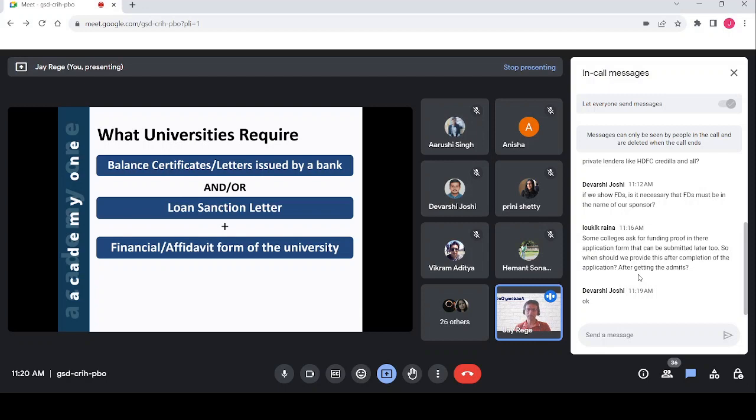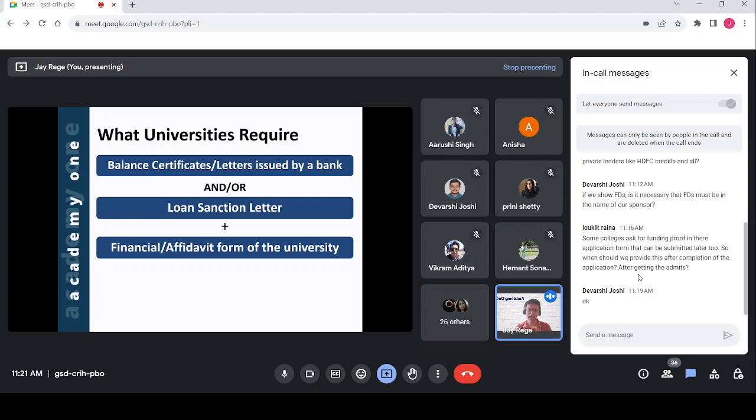San Jose State University is one of the few universities that requires the financial documents even before they start reviewing your application. So if someone here is applying to San Jose State University, you will be required to provide the financial documents along with your application. They have a two-step process. The first step is you apply on the Cal State portal.